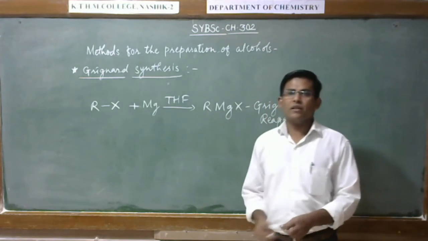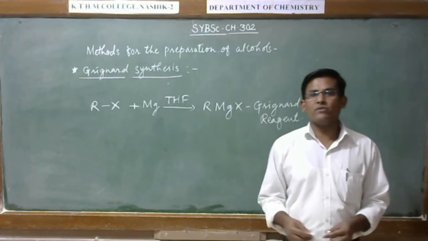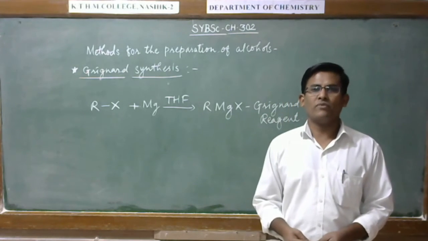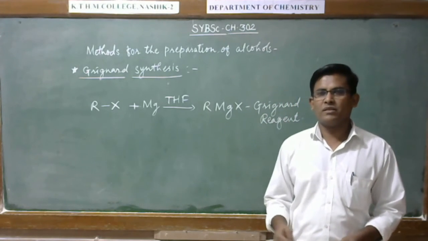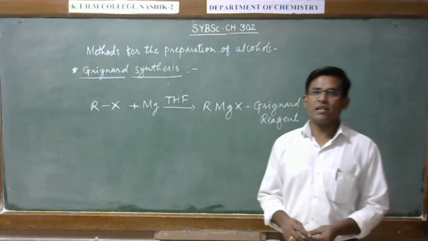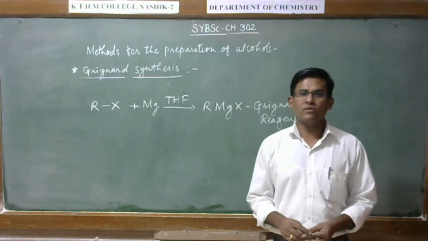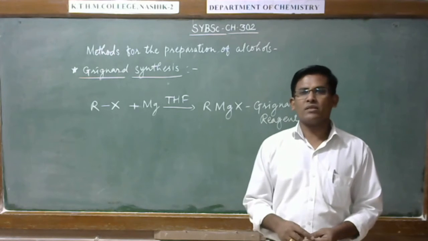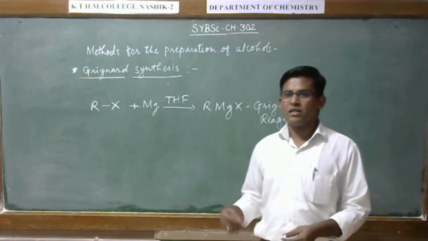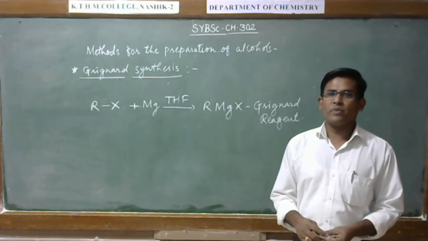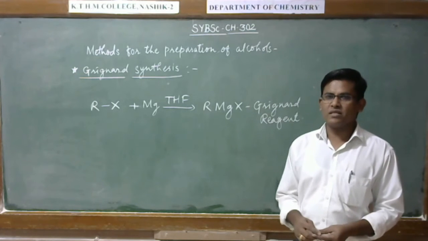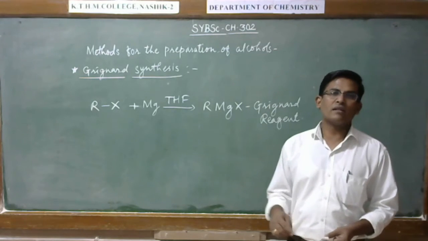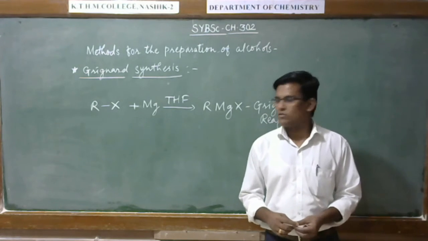Here formaldehyde will give the primary alcohol, acetaldehyde will give secondary alcohol, and ketone will give tertiary alcohol. On the other hand, ethyl formate, that is an ester, will give secondary alcohol, and other esters will give tertiary alcohol.